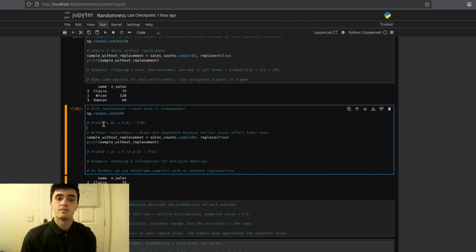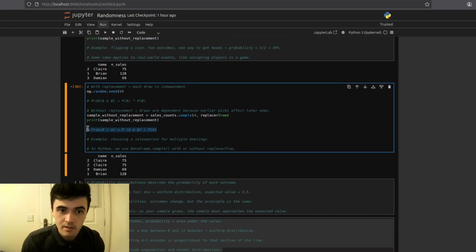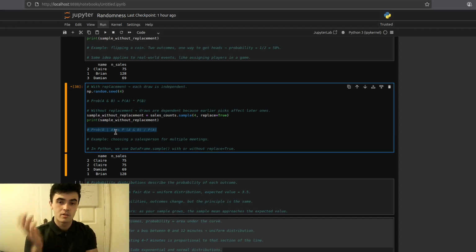The probability of events A and B happening is equal to the probability of event A times the probability of event B happening. That's the probability for the replacement case. Without replacement, draws are dependent on each other because earlier events affect the later ones.